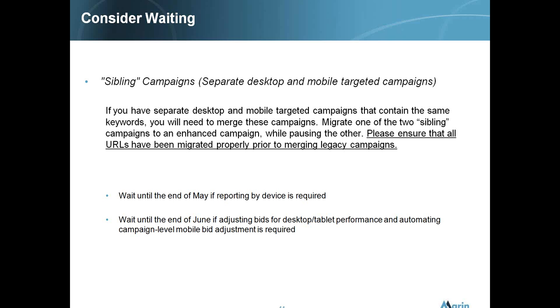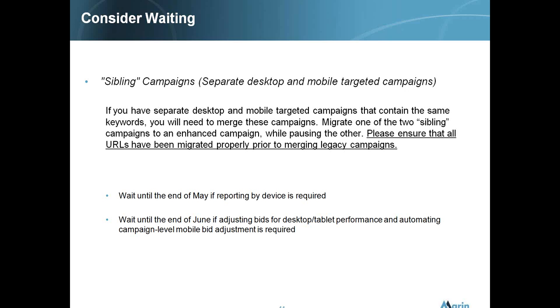And then if you do have a few folders or bidding folders that you want to wait on, by the end of June, you'll be able to make bid adjustments specifically on desktop and tablet performance, and also have campaign-level mobile bid adjustments as well in an automated fashion.